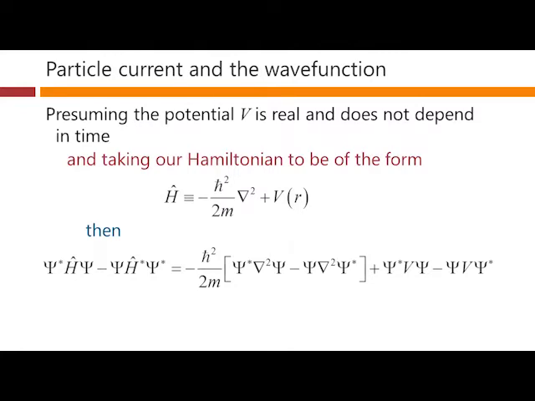And H star operating on psi star is minus h bar squared over 2m times del squared psi star, plus V times psi star. I've got a minus sign here and here and here. And of course, this part is multiplied by psi star, and this part here is multiplied by psi. So here's a psi and here's a psi.